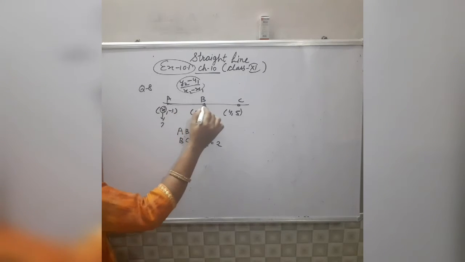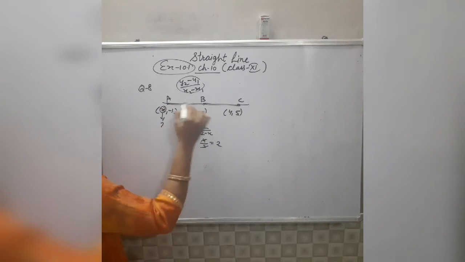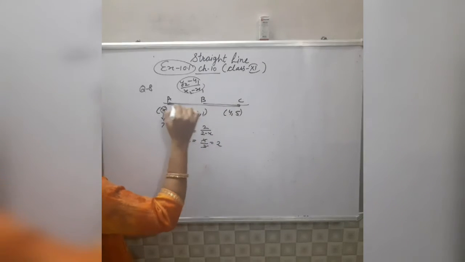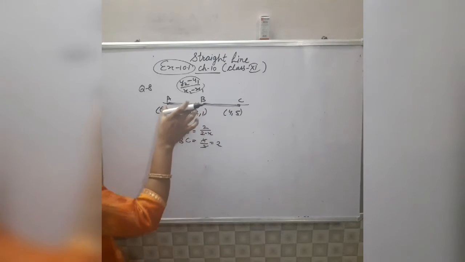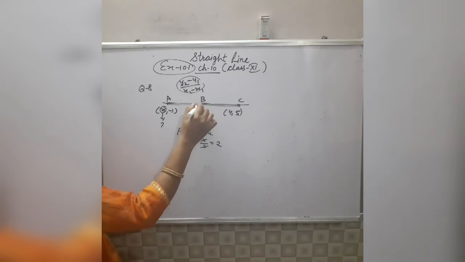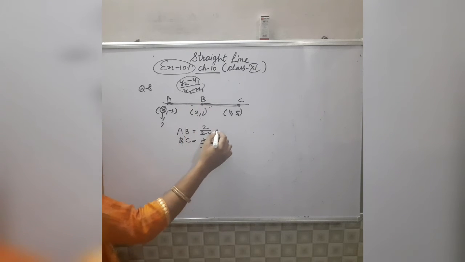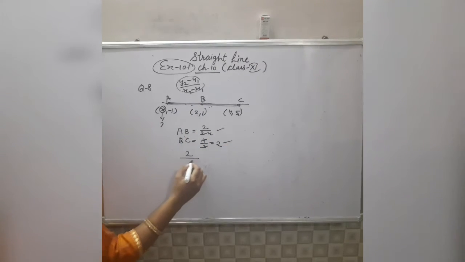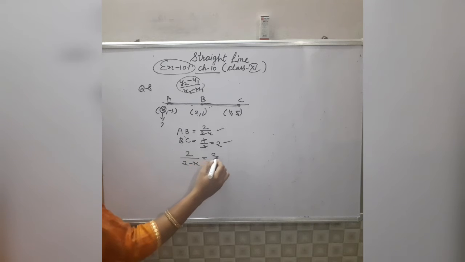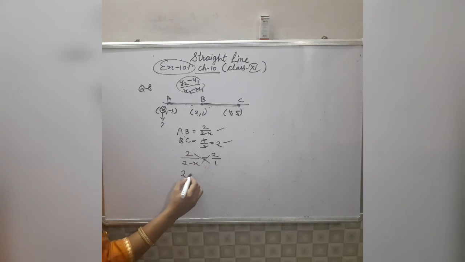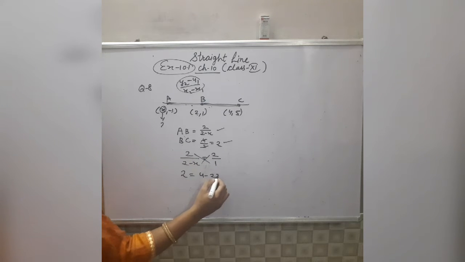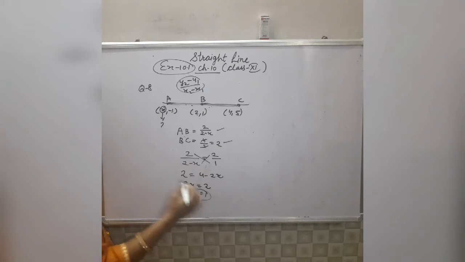Here if AB and BC are on a straight line, then AB and BC will be parallel, you can say, or B point is common, so the slope will be the same. Equating these two slopes, 2 by 2 minus x is equal to 2. Now cross multiply, 2 is equal to 4 minus 2x, or you can say 2x is equal to 2, or x is equal to 1. So the value of x is 1 in this case, because AB and BC are parallel.